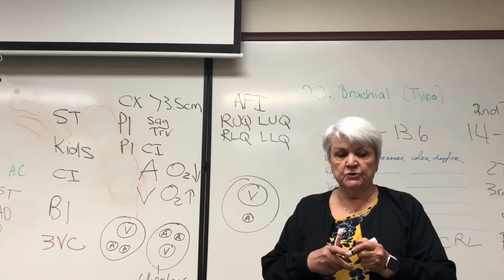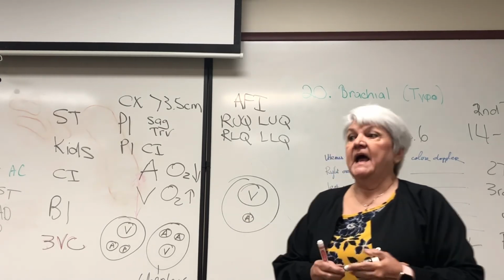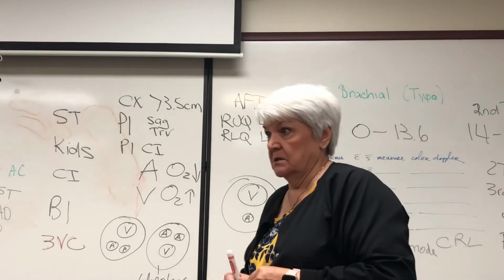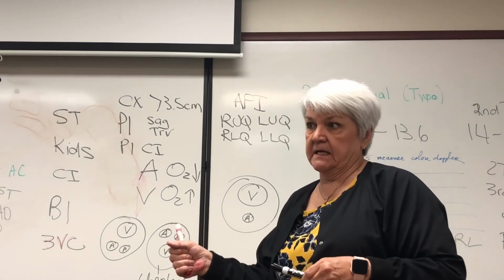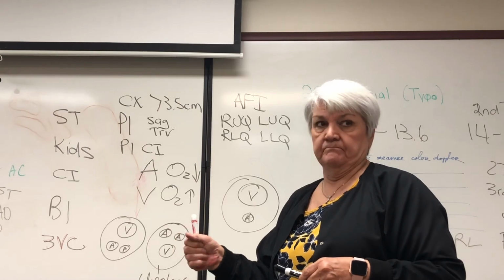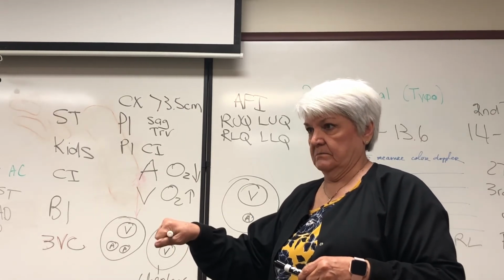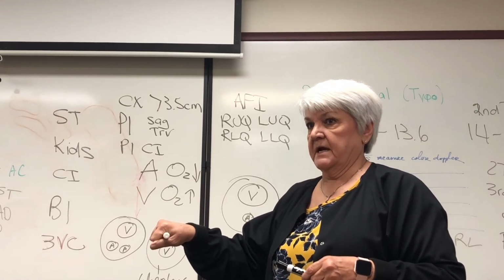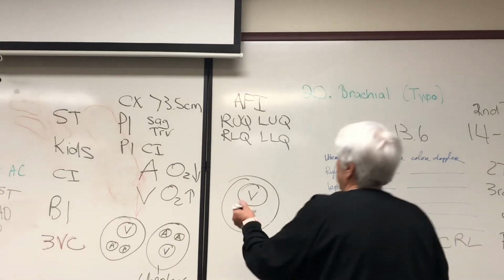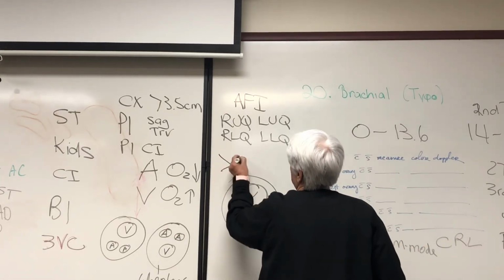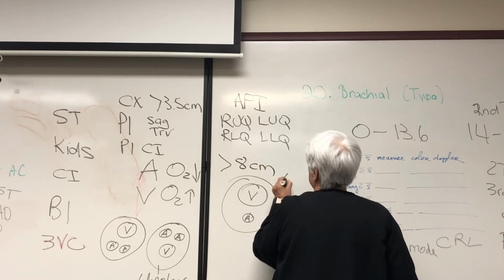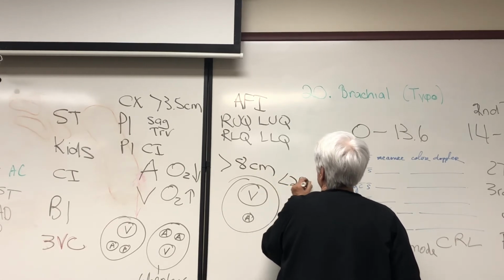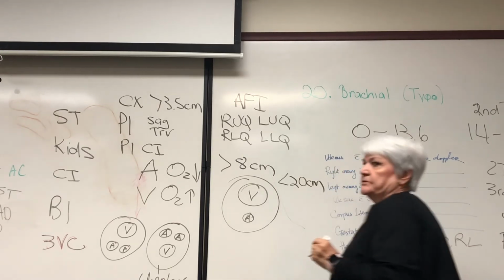Your transducer has to be parallel to the bed. You can't be angling in to the baby. You have to keep it parallel. Okay? The AFI has to be greater than 8 cm and less than, I think it's 20 cm. Might be 22.